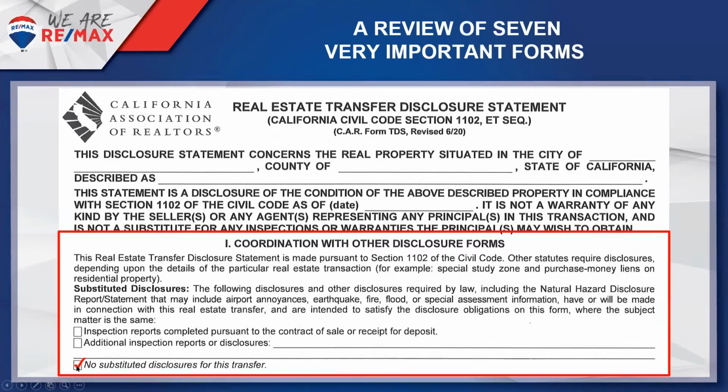One of these boxes must be checked, or you have not completed Section 1 and therefore have not completed delivery of the TDS. I have used this so-called technicality twice to get leverage on sellers after buyers had removed all their contingencies and then had issues. And the seller basically said, I don't care.